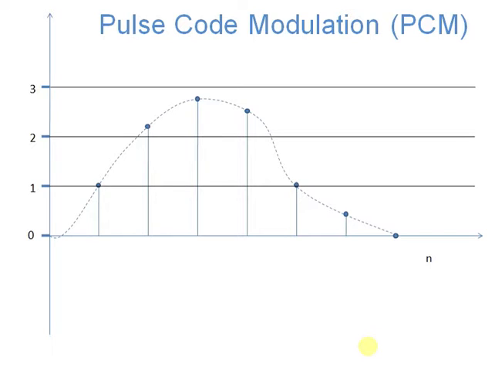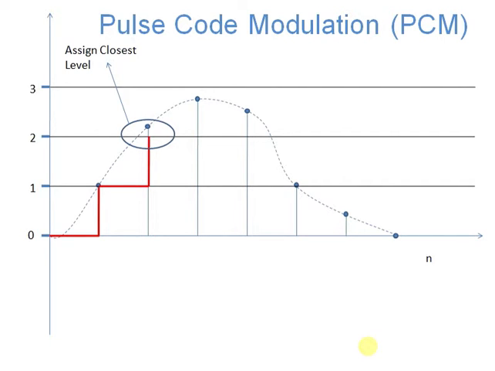In the quantizer block we have divided the total amplitude range, that is 0 to 3, into different levels, and the levels are shown here. Depending on what the sample value is, we round it off to the nearest value. That is the sample which is being held for the next duration.